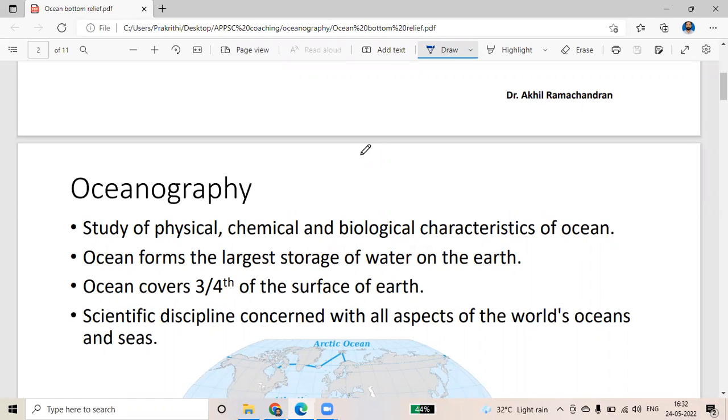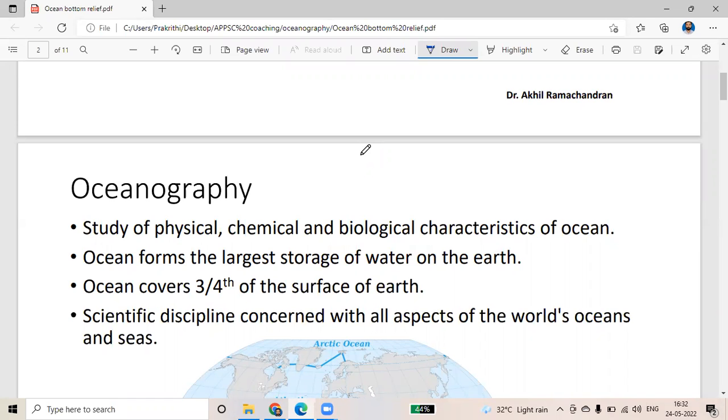The ocean, we know, is the largest water body on the Earth's surface, and the presence of this ocean makes the Earth a unique planet. Almost 3/4 of the Earth's surface is covered by the ocean or oceanic body, and it is also the largest storage of water. Even though it is saline in nature, we can convert that to fresh water also.